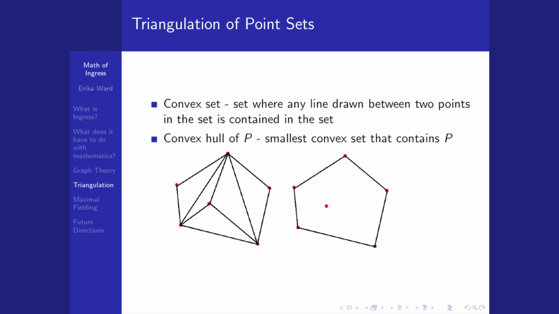The convex hull of a point set is like shrink wrapping your point set. Pull in a convex set as small as you possibly can so that you still have the thing inside of it. So this is not only a convex set, it's the convex hull for this point set.